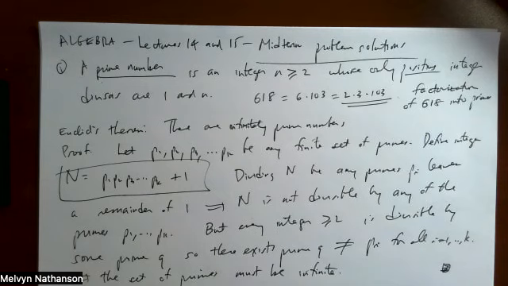Problem 2 is to find the quotient and remainder when one integer is divided by a number. So recall the division algorithm.